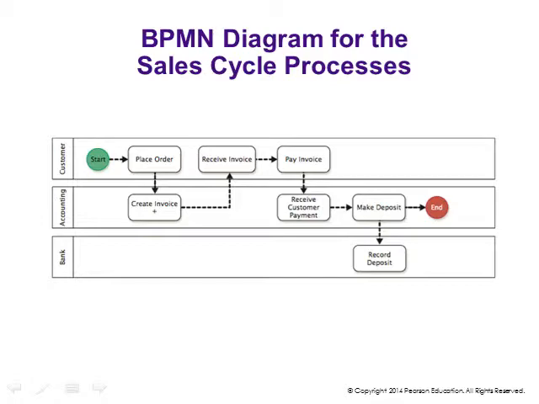And so this BPMN diagram provides us with an even more different look at the same sales cycle processes than our other flowchart or DFD diagrams. You can see we have what we call swim lanes. That's the rectangular boxes by customer, accounting, or bank.